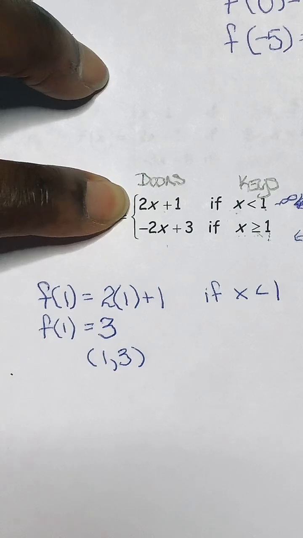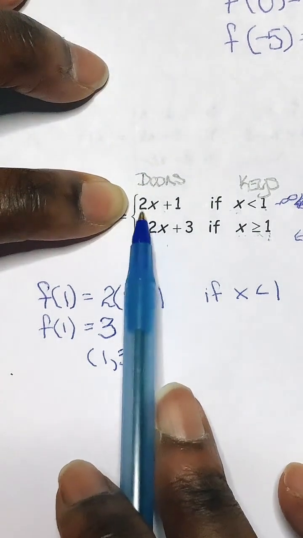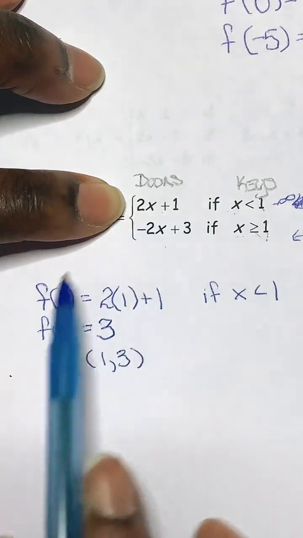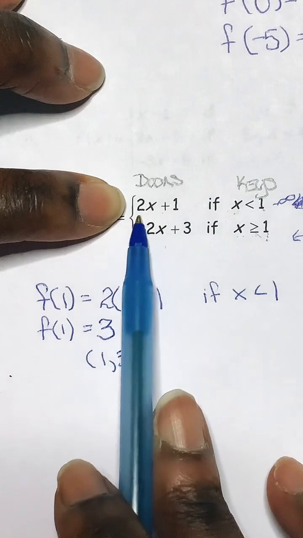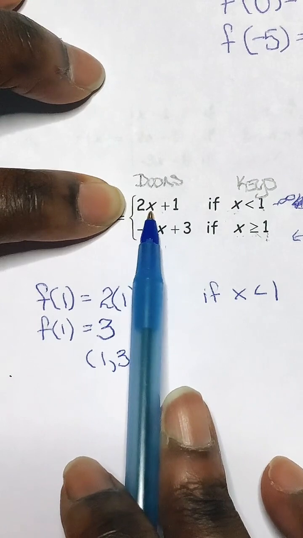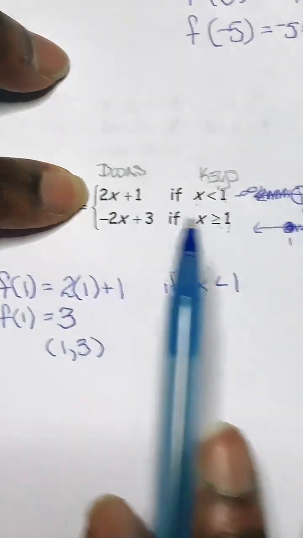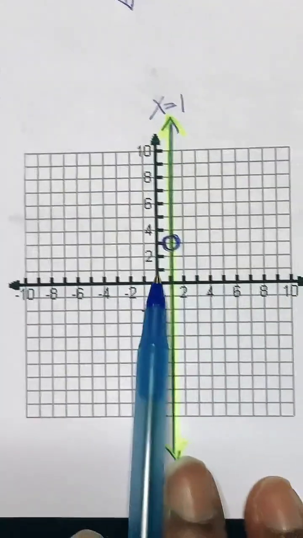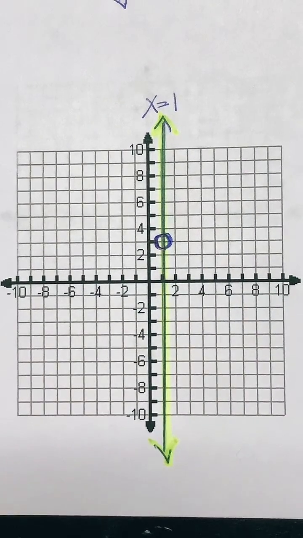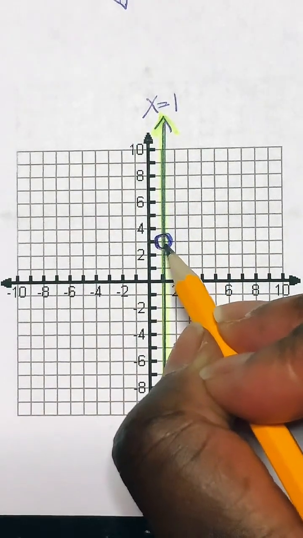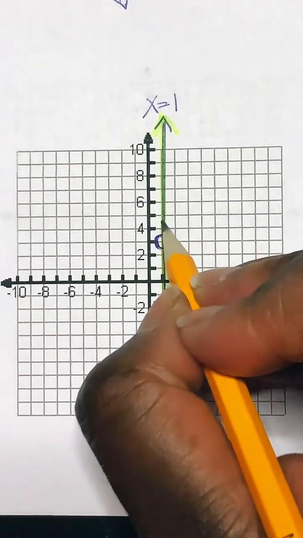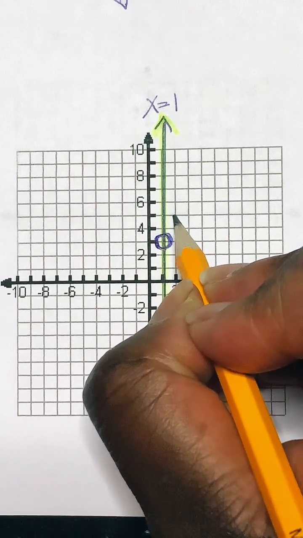All right. So our slope, remember, the slope is always right next to the x. Remember, mx plus b, the m is your slope. Your slope is always the coefficient of x. So from our point that we have on our graph, that open circle, let me use pencil. That means we're going to go from this point up 2 and, since it's a whole number, over 1.